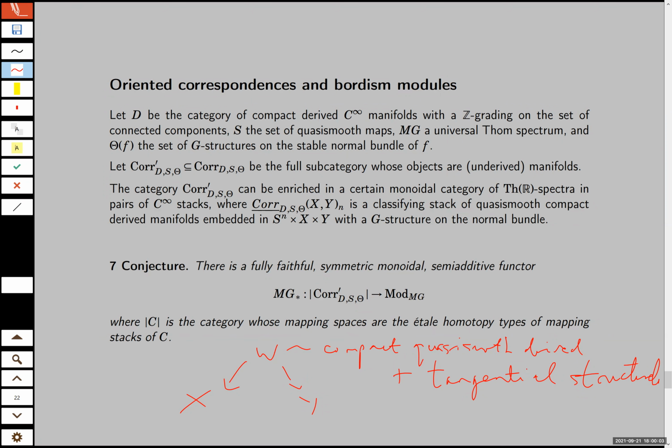And I have a pretty good idea of how this result is proved. It basically amounts to transposing classical arguments into a modern setting and applying the category theory of correspondences that I developed for the universal property back in theorem 5. So I'm now out of time, and that's the end of the talk. So thank you very much.